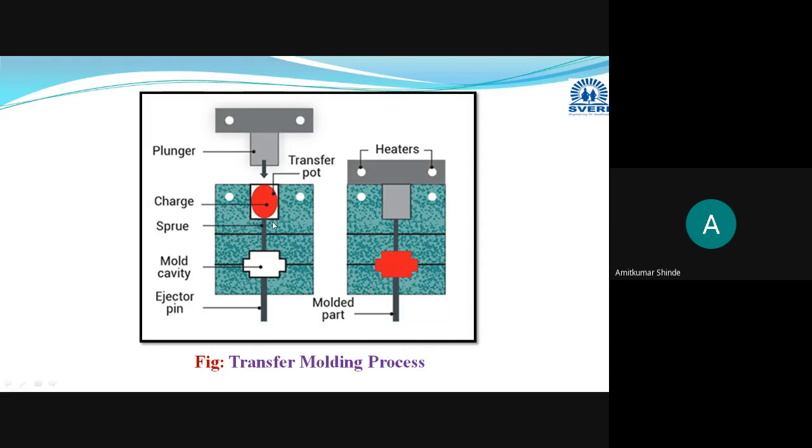This gating system may consist of a sprue, or a sprue, gate and runner combination, or only a sprue, or sometimes a gate and runner arrangement. Through that gating system it is transferred into the mold cavity.